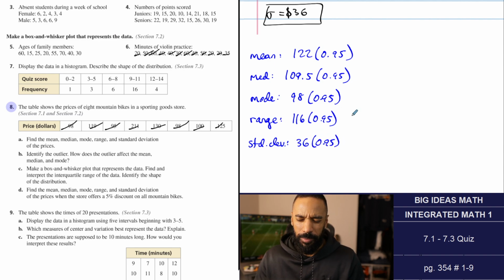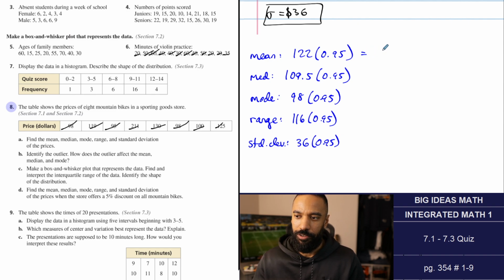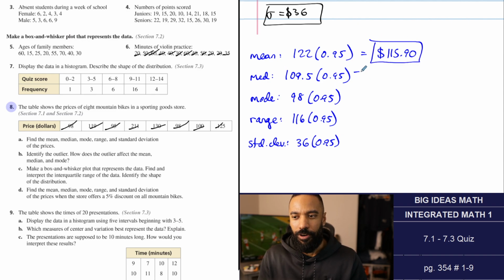That's the one I'm thinking I could probably do in my head, but I'm having trouble right now. All right, here we go. Okay, first one, 115.9. These would be in dollars. $115.90. How about that? It's the average. Again, there's still that outlier involved when we bring up that number, but it's whatever.